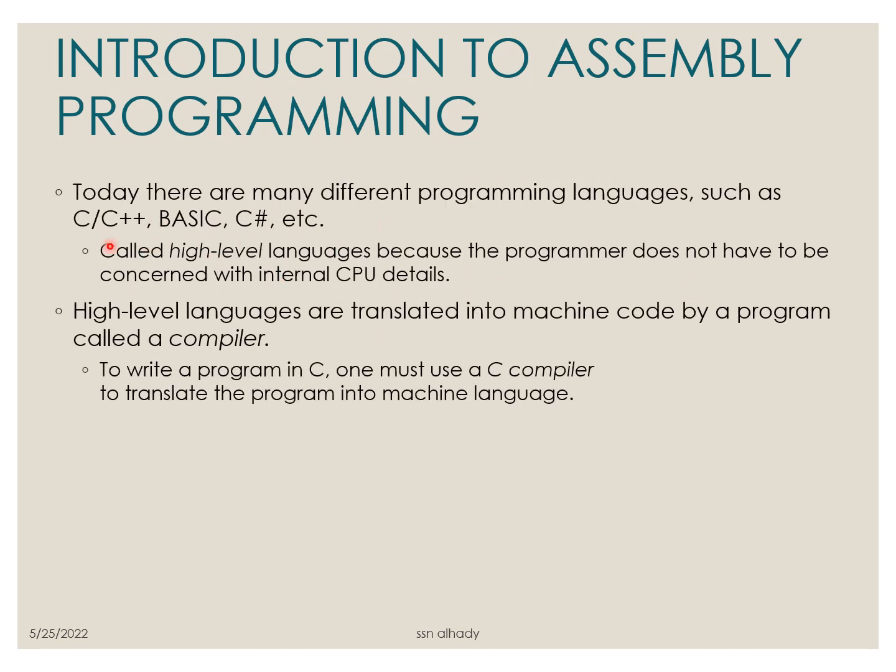Today there are many different programming languages such as C++, Basic, C Sharp, and so on. This kind of language is called a high-level language because the programmer does not have to be concerned about the internal CPU details.